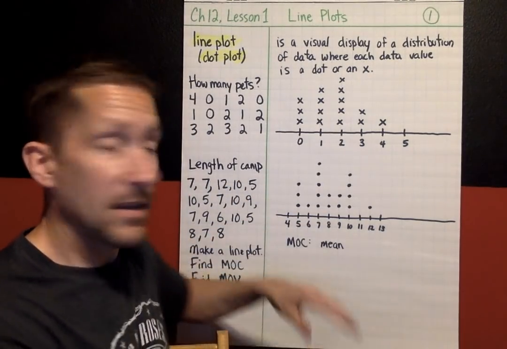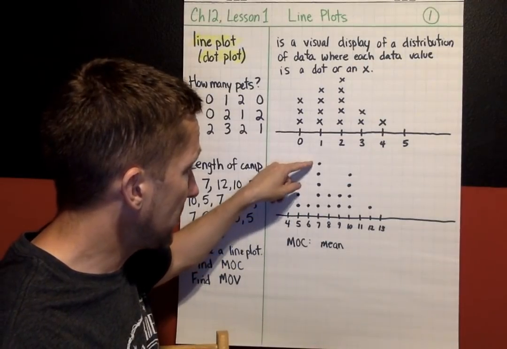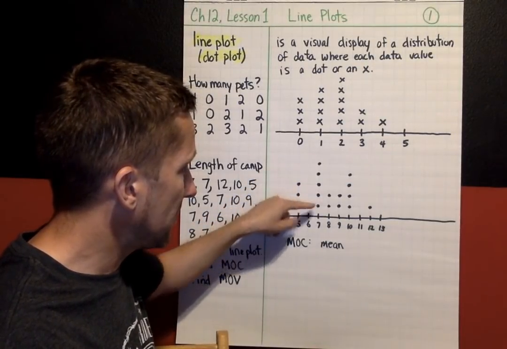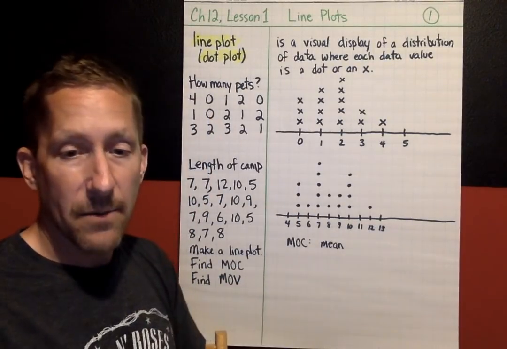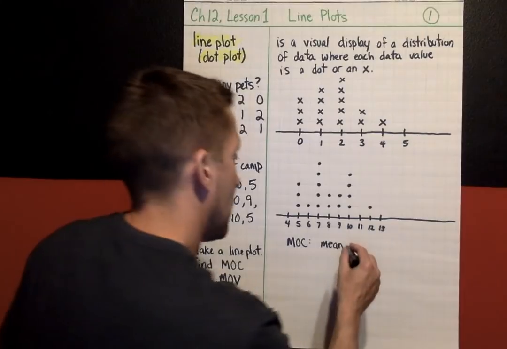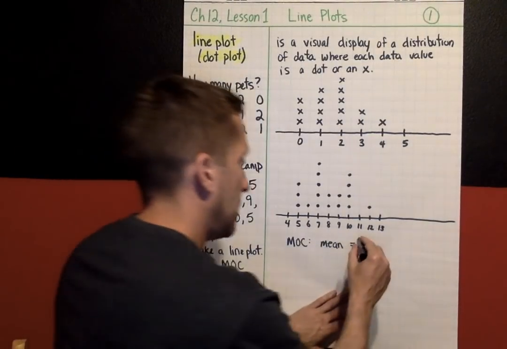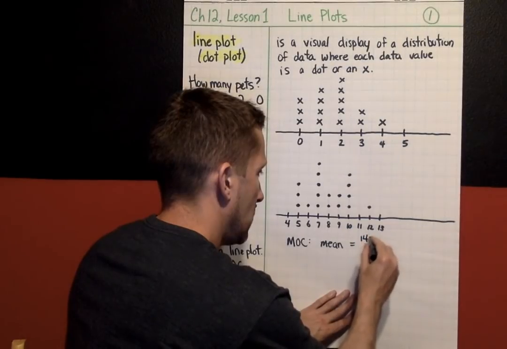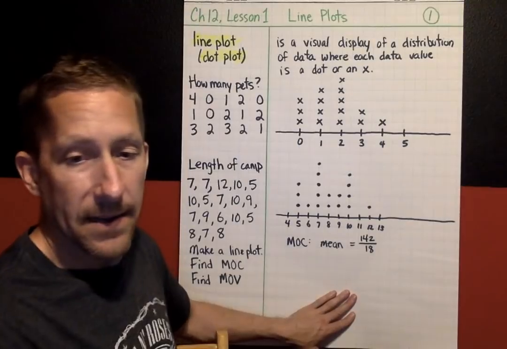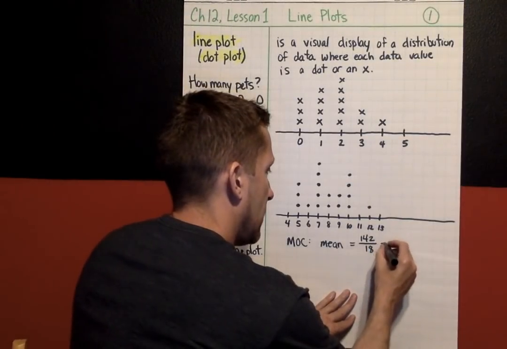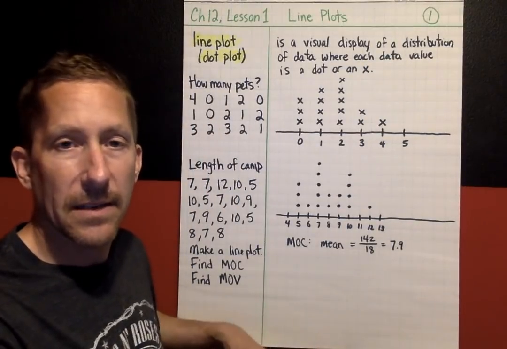So using a calculator, I would type in 5 plus 5 plus 5 plus 6 plus 7 plus 7 plus 7 plus 7 plus 7, entering in all the values, and I would divide by how many there are. So when I total all the data, I would get 142 divided by 18. And I type that in my calculator, and the mean or the average comes to 7.9.